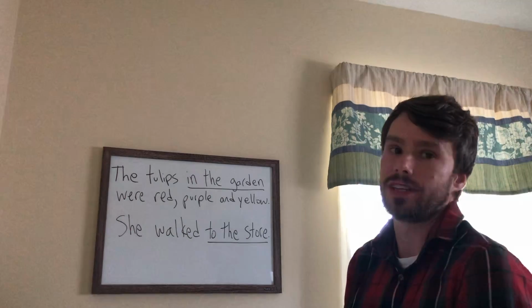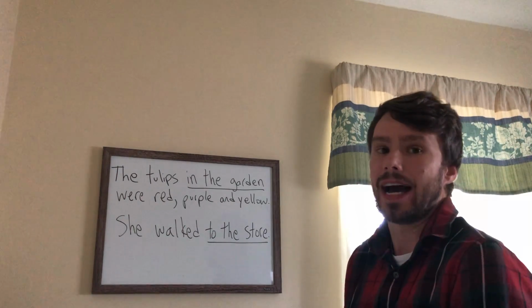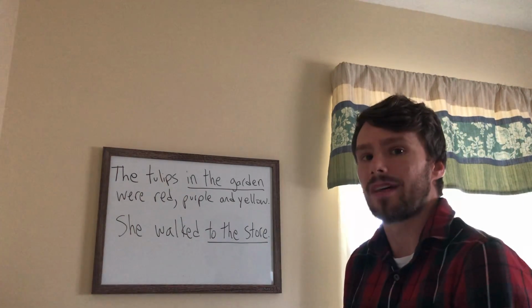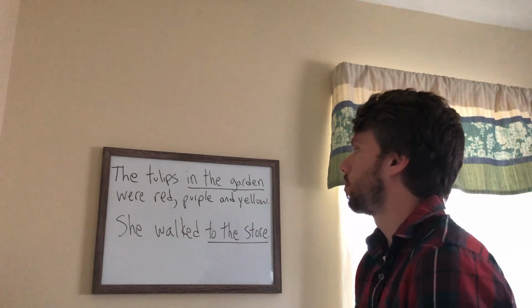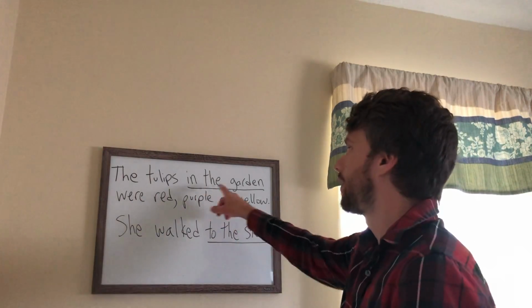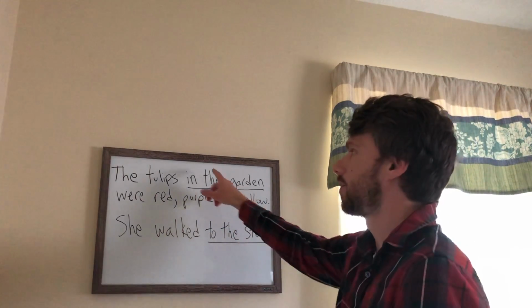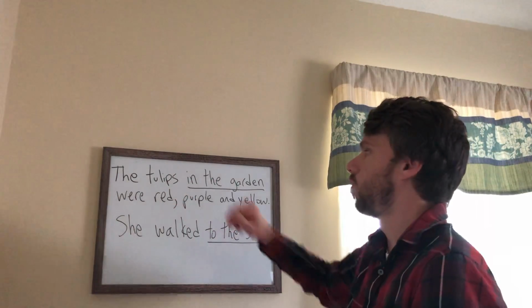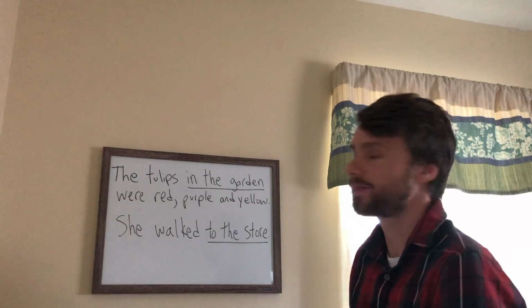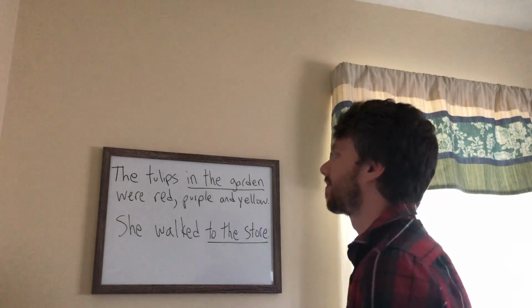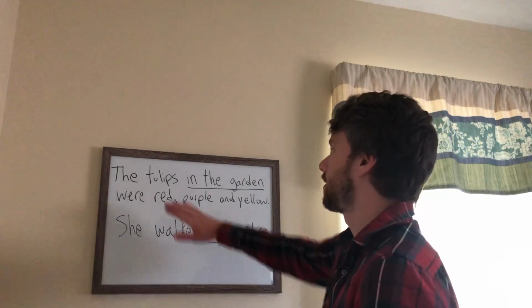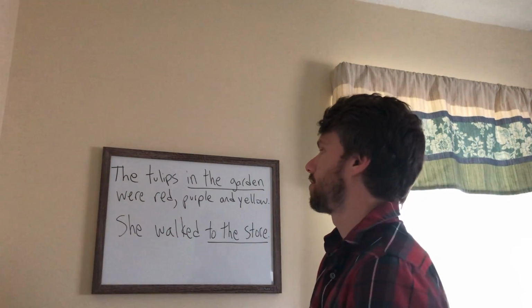So as an adjective prepositional phrase, an adjective describes or modifies a noun. So as we can see, the phrase in the garden is referring to the tulips. It's telling us where the tulips are, where they were. So this would be considered an adjective prepositional phrase.